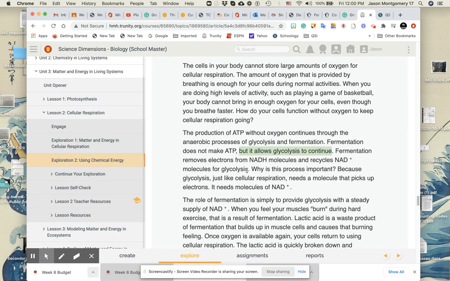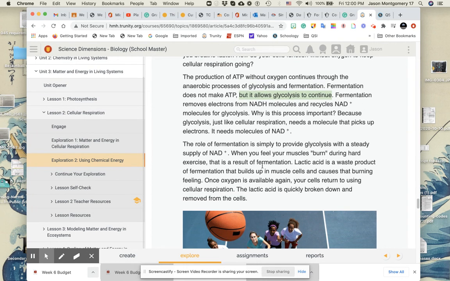So basically, it's continuing the process somewhat, but it's not as efficient. This is important because glycolysis, like respiration, needs molecules to pick up electrons, and it needs molecules of NAD+. So the role of fermentation is simply to provide glycolysis with a steady supply of NAD+.